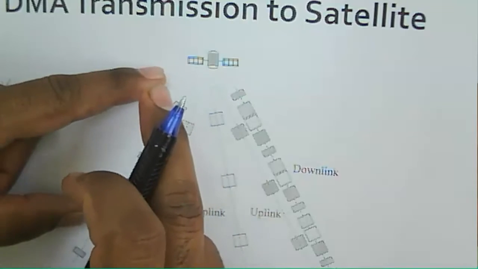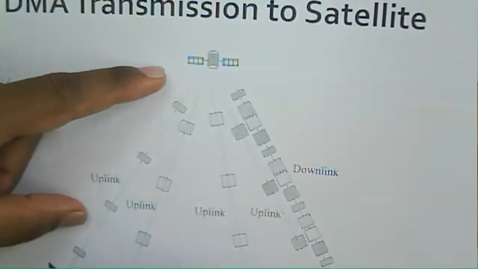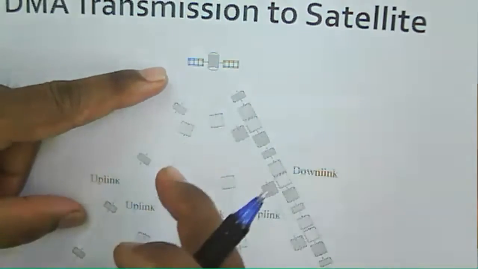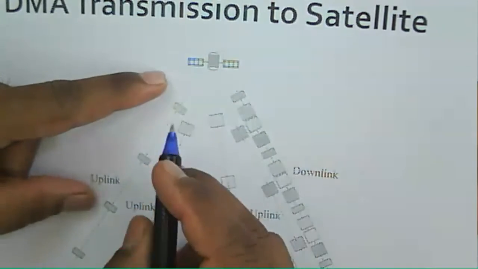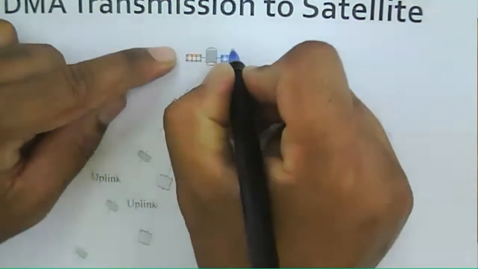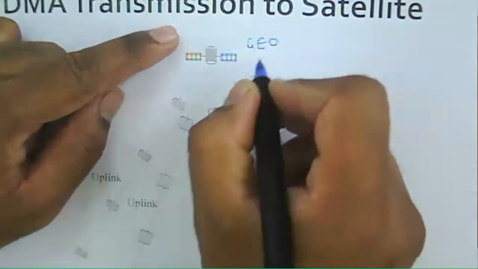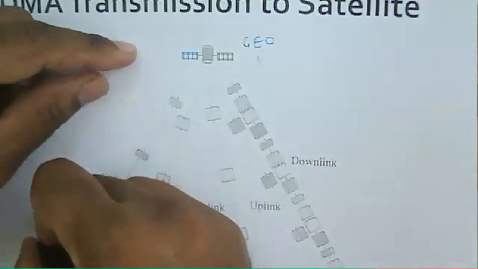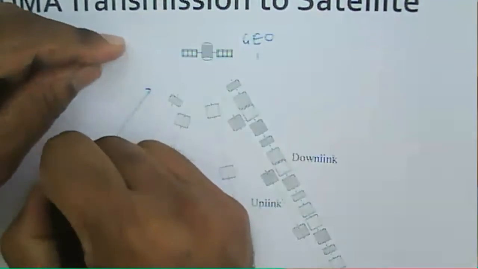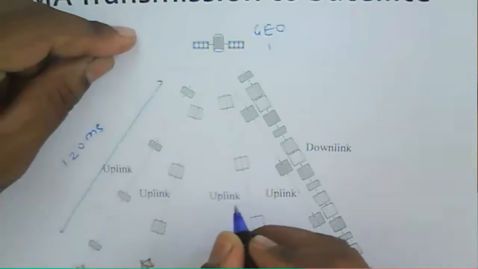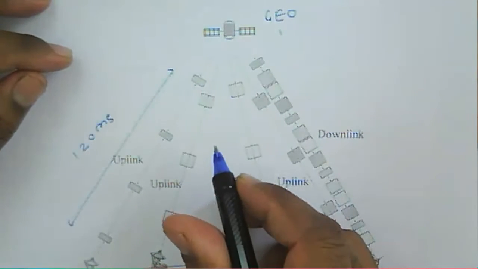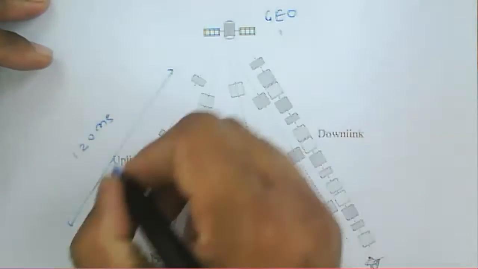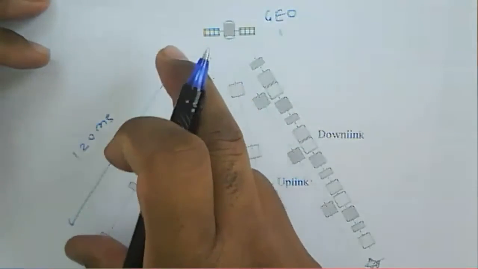That long propagation delay from an Earth station to the satellite, if the satellite is a GEO satellite in a GEO orbit, is about 120 milliseconds. So if you transmit the data from the Earth station to the satellite, the delay is about 120 milliseconds.